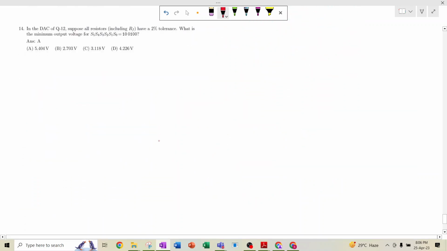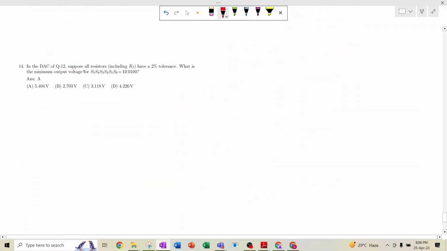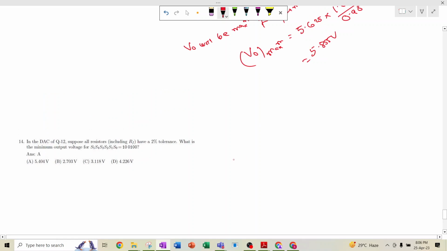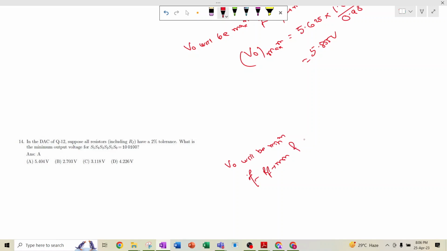The next question is also a similar question on the DAC of question 2. Suppose all resistors have 2% tolerance. What is the minimum voltage of this? The same thing. So VO will be minimum if RF is minimum and R is maximum.